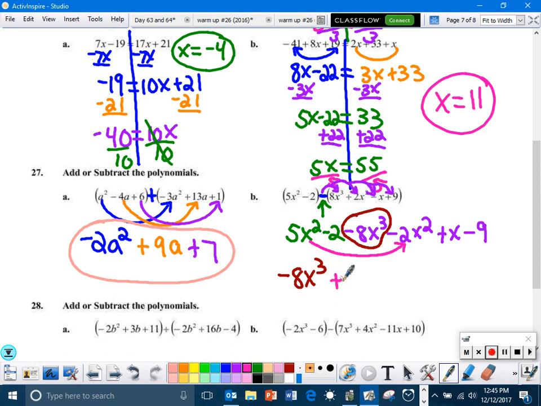That becomes, okay, next we should do the x variable. You'll notice there's an x right here. It does not have a partner, so it's just going to be plus x. And then the minus 2 and the minus 9 get put together. That becomes minus 11. That's our answer.